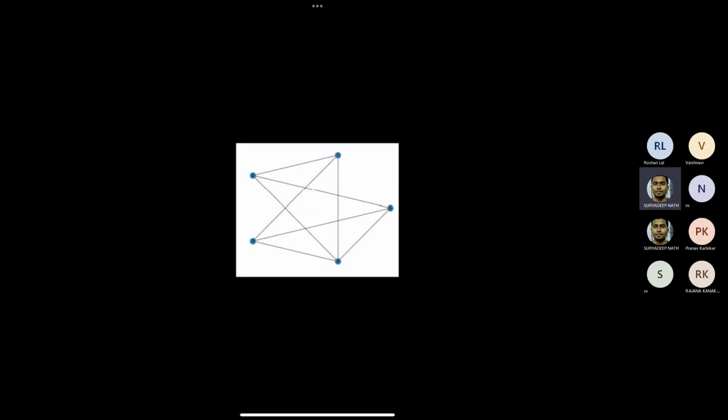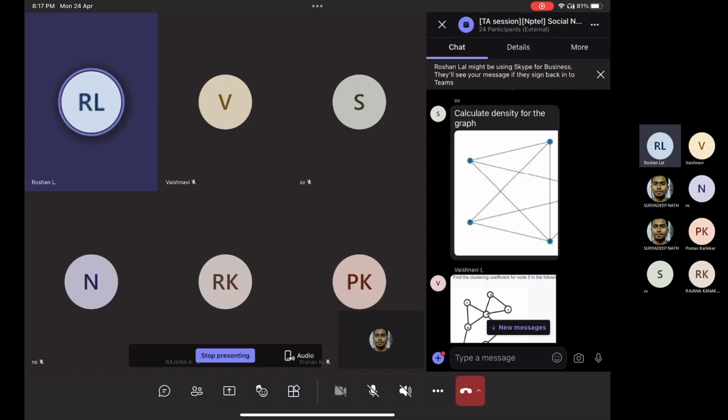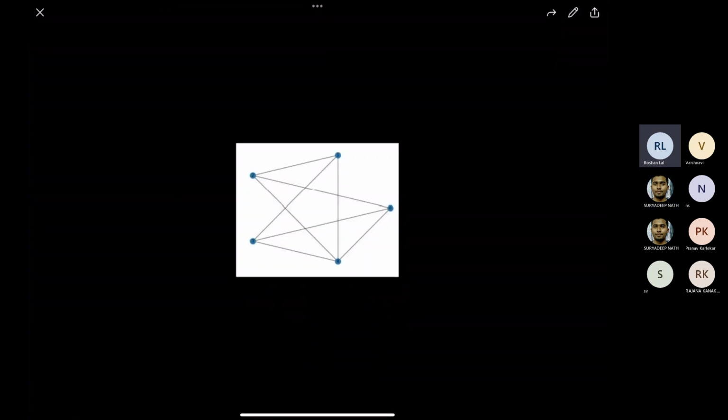So to calculate density, you find the total number of edges present divided by the maximum number of edges that could be present. So it is 8 by 10. There are 5 nodes, so 5C2 edges, that is 10, total.